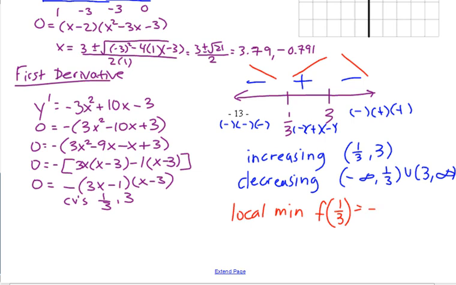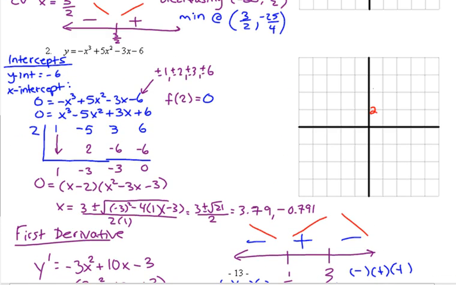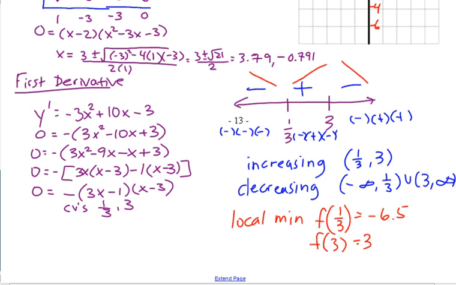It doesn't seem so bad when you didn't have to plug it in yourself. f of 3 is going to give you 3. So looking at this, obviously we need to change our scale. We're going to go 2, 4, 6s on the y. This is the local min, this is the local max.